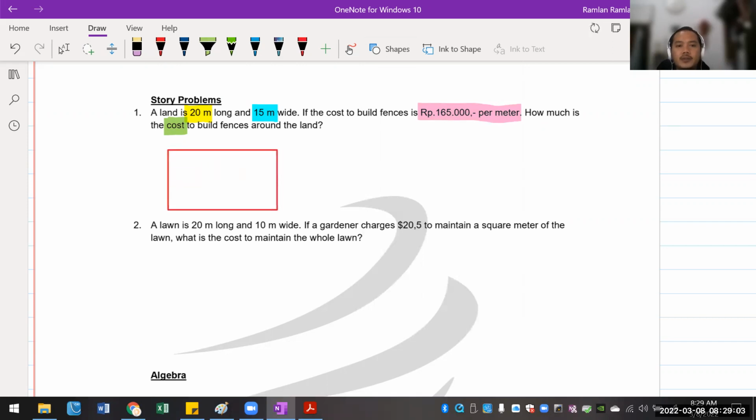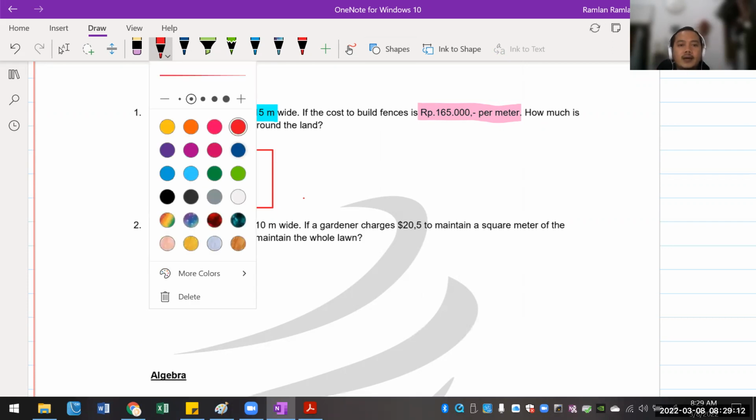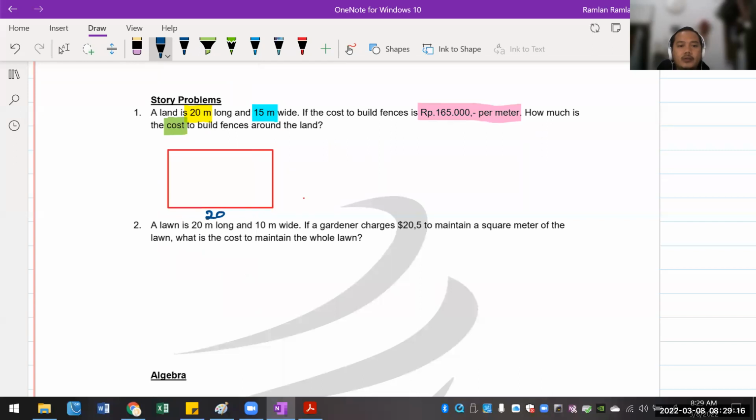It said that we have a 20-meter length and a 15-meter width, so I can write this down as information like this. I'm going to write down 20 over here, and then 15 over here. One of the most important things when you encounter something like this is to illustrate what's happening in the question.